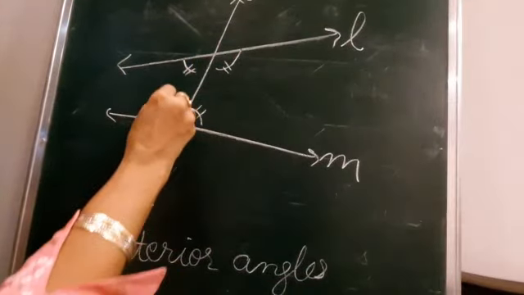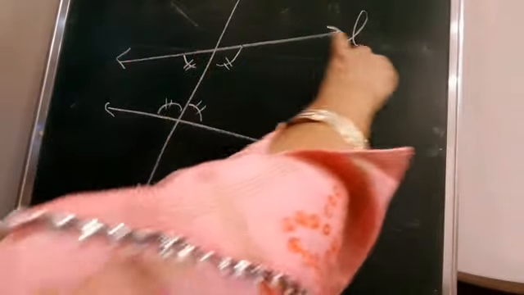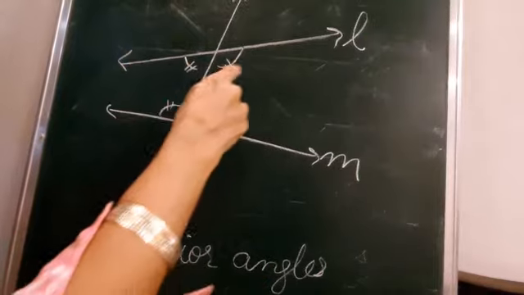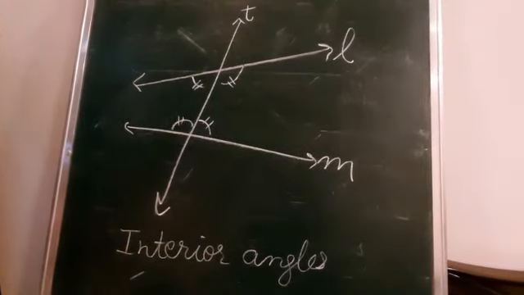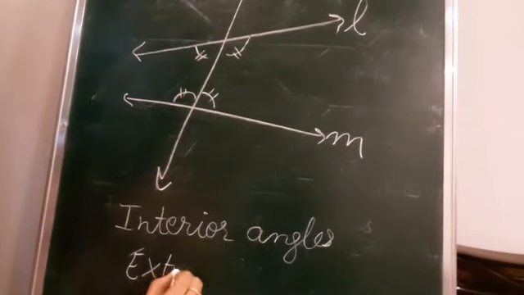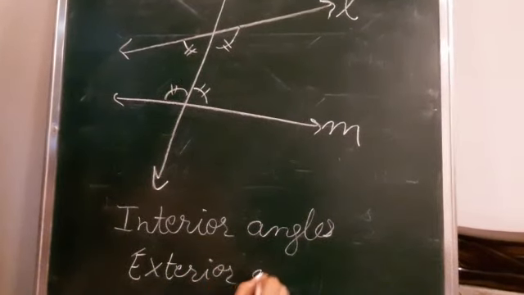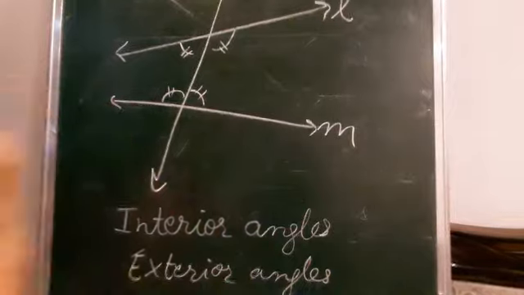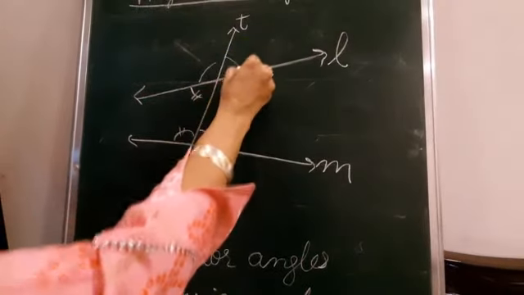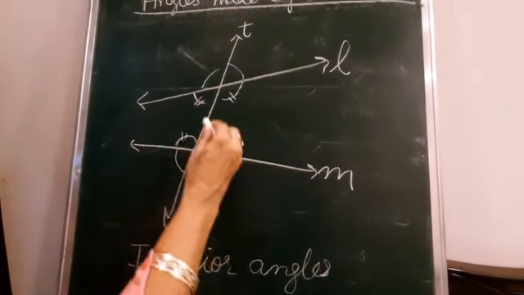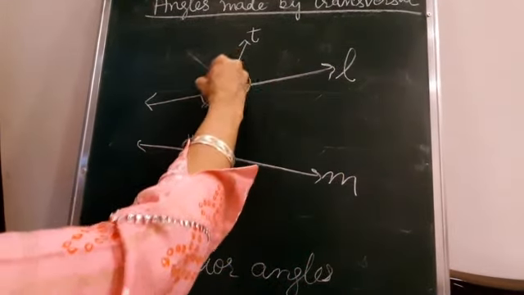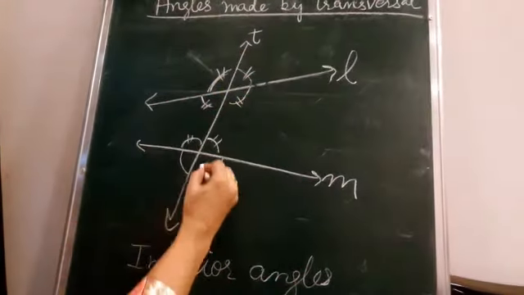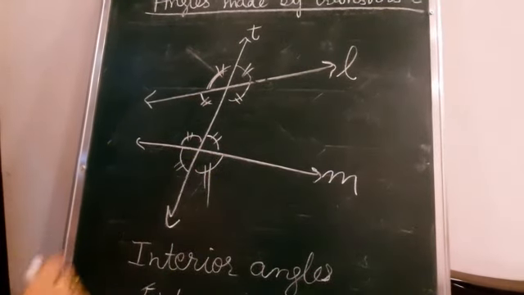These are interior angles, which are between these two lines. Now exterior angles. What are exterior angles? Exterior angles are those in the exterior of lines M and L. These 1, 2, 3 and 4.